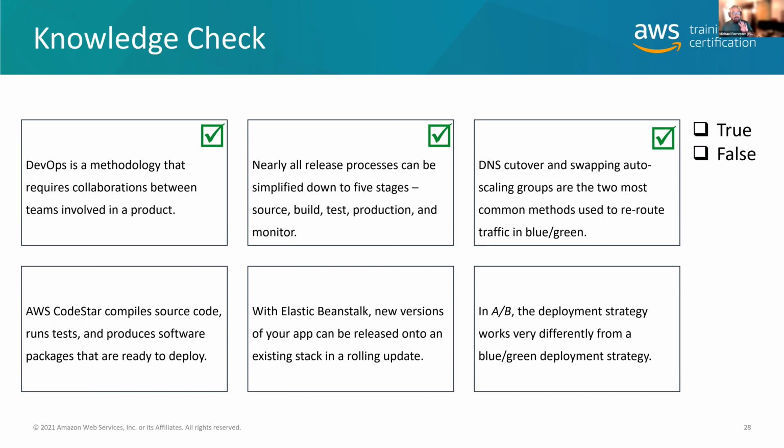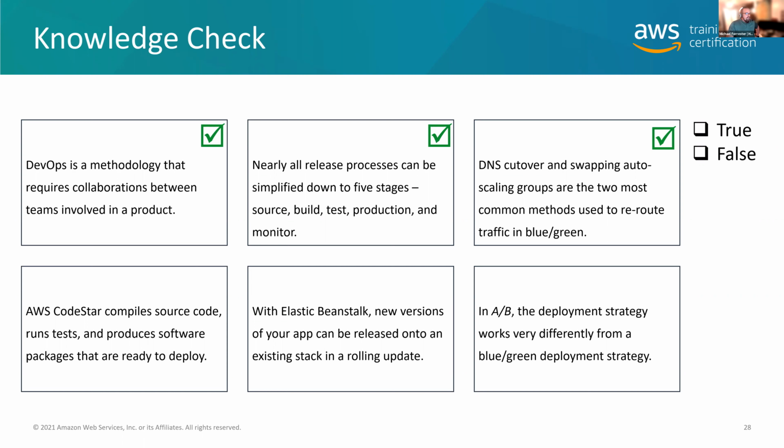Okay, fourth one. AWS CodeStar compiles source code, runs tests, and produces software packages that are ready to deploy. Is that what I said CodeStar did, or was there another service that actually did that? Is that true or false? That's true, actually.